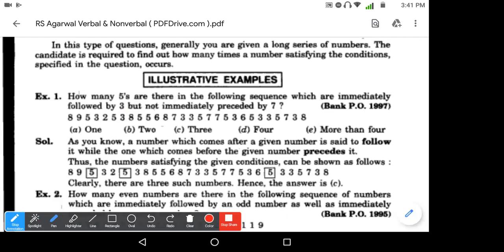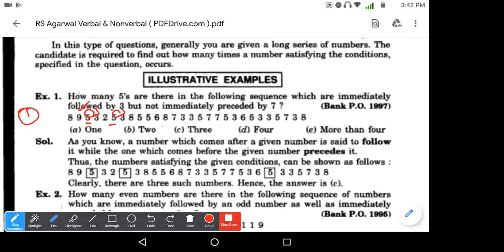There is a 5 here, and that 5 has a 3 after it, and it does not have a 7 before it. So this is eligible. I can consider this. So I got 1, 5. Now see the next one. Again, there is one more 5 here, where after 5 there is 3, but before 5 there is no 7.